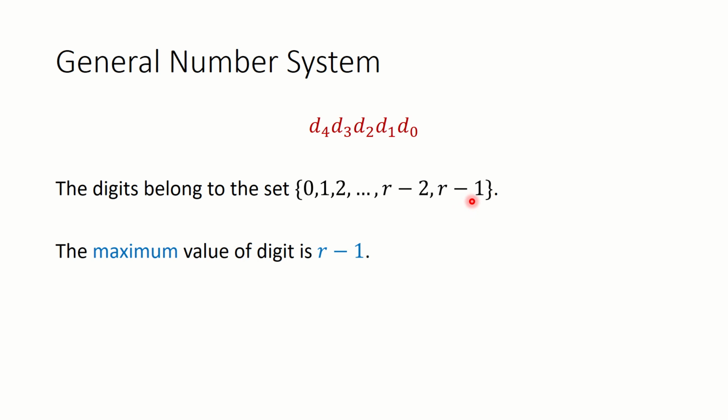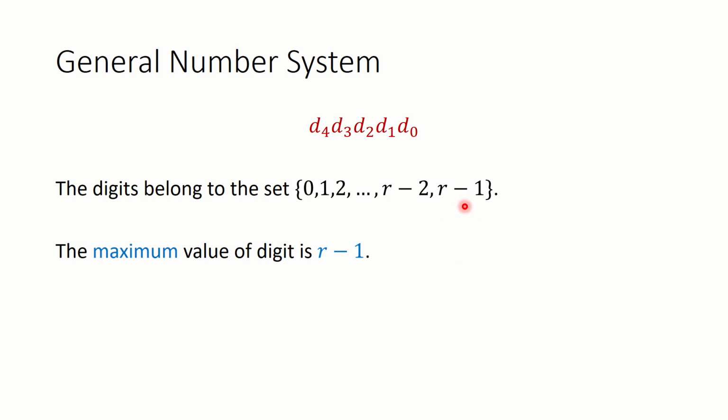If you remember the decimal number system, the digits do not include a symbol for 10, the radix. It stops at 9, 0 to 9. So, those are the 10 digits, and it does not include a symbol for the radix.